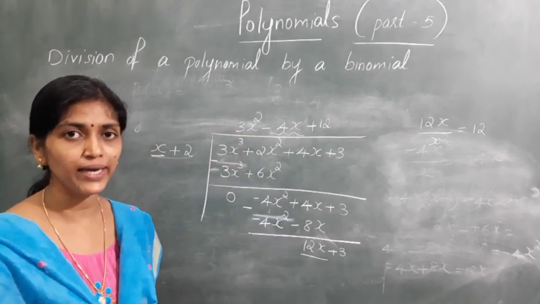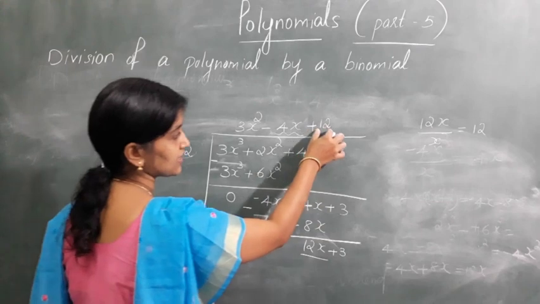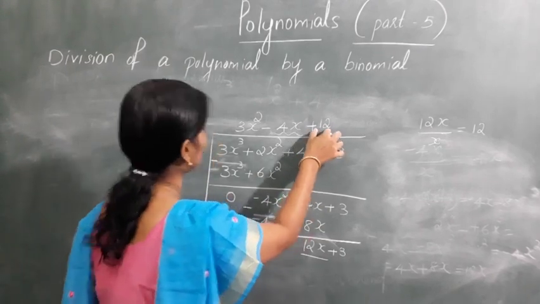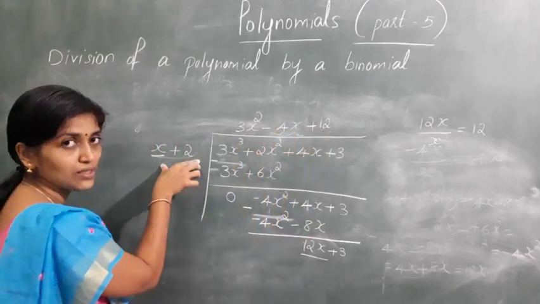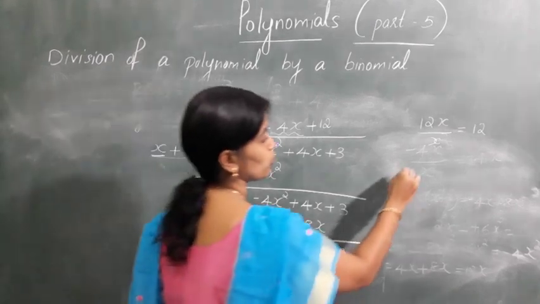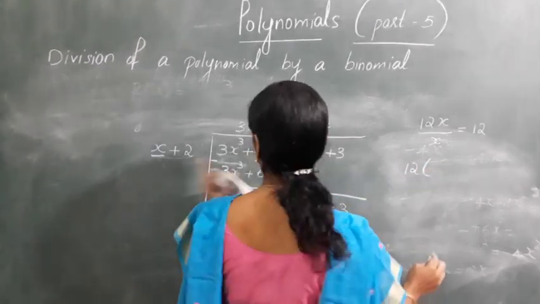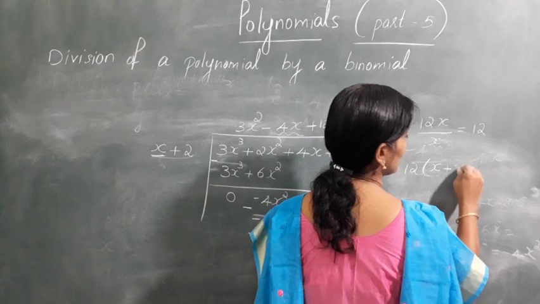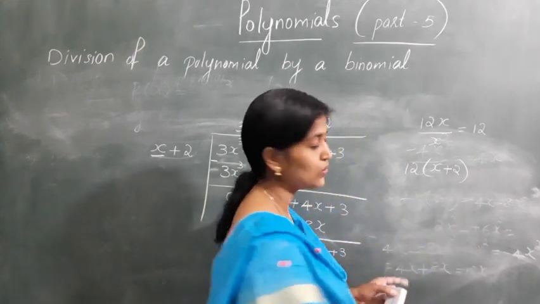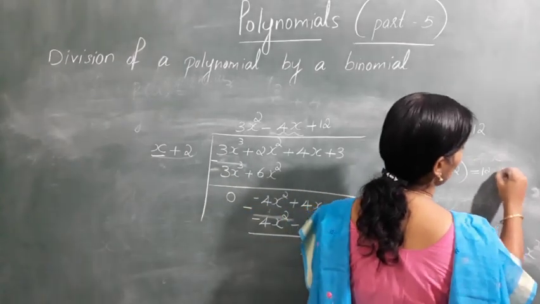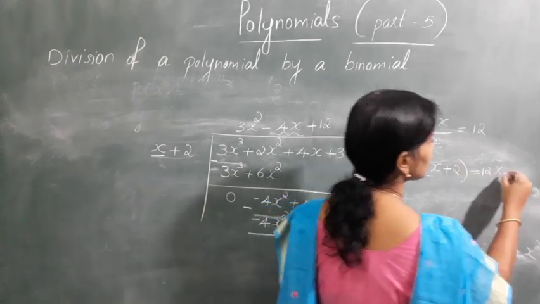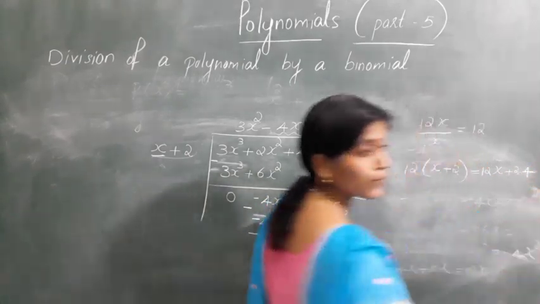Now what you have to do next? You have to take this number 12, then multiply with all the terms here, that is 12 into x plus 2. 12 into x plus 2, you will get 12x. 12 into 2 is 24.